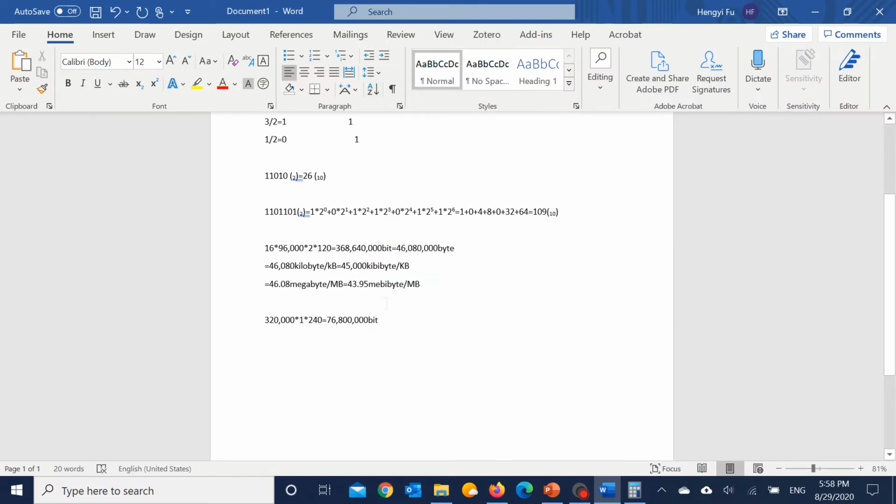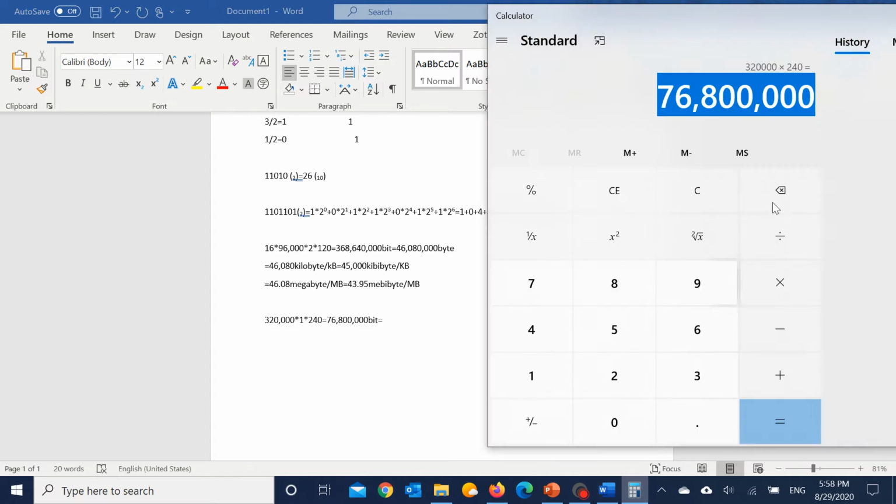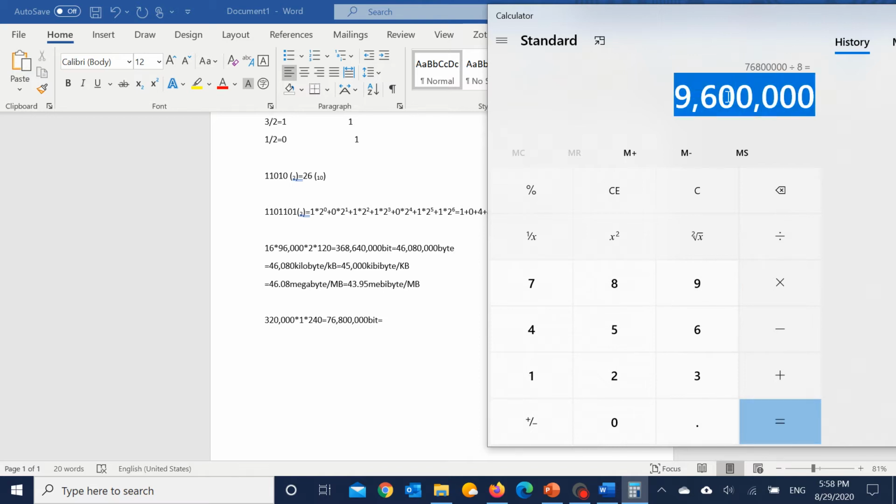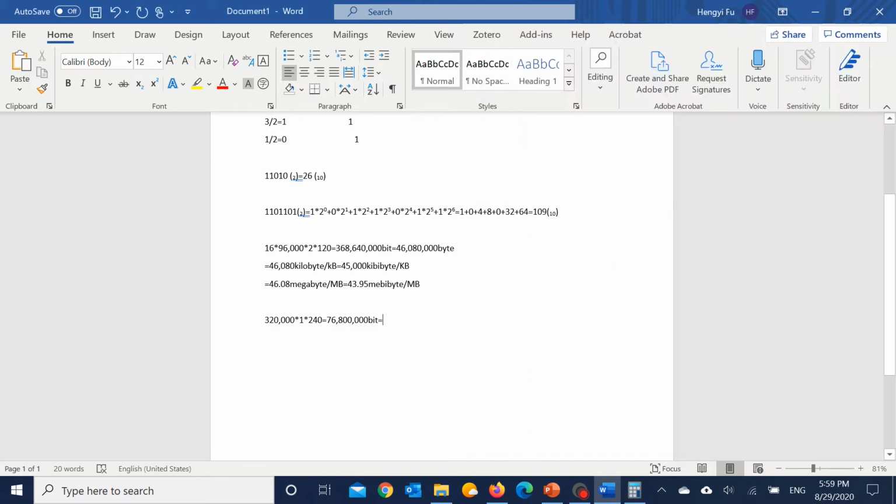Okay, the MP3 has 76,800,000 bits, which is 9,600,000 bytes.